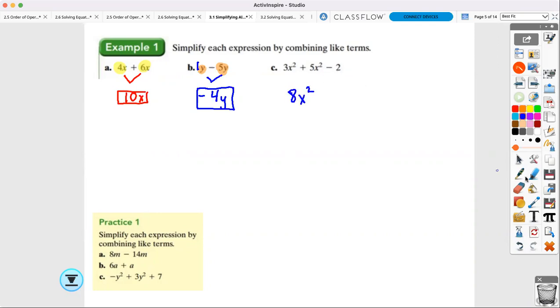But notice how the minus 2 is still there, and we can't combine it because it's not a like term. So we just bring that down and we're done. Does everyone understand how we went from 3x squared plus 5x squared minus 2 to 8x squared minus 2? Is everyone with me?